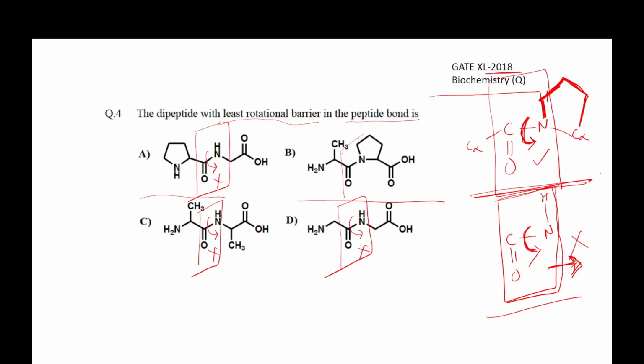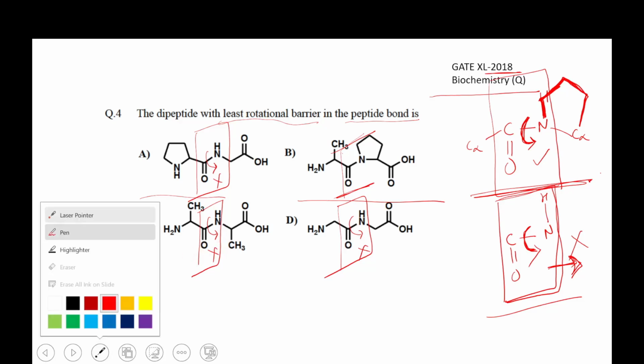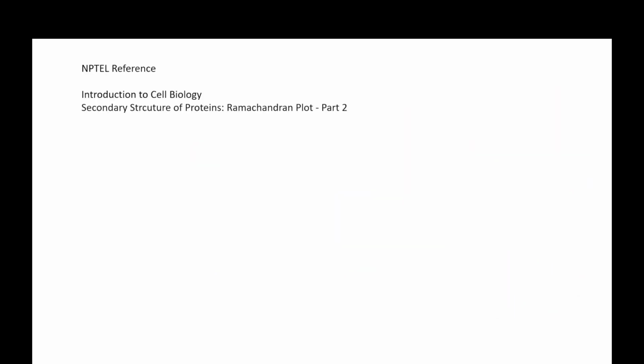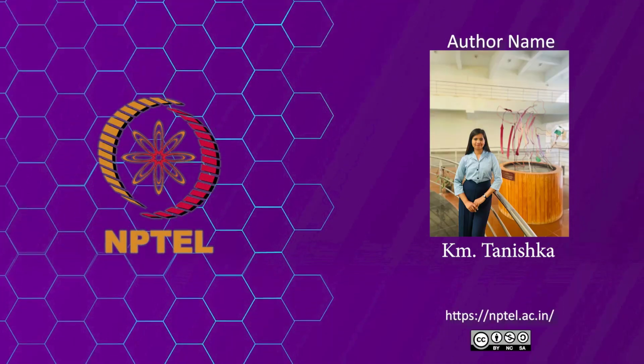However, when proline is present, the rotation will be allowed around this particular bond. So out of the 4 options, this particular option would be correct, where the planar form of the peptide bond is not visible. This is my NPTEL reference. Thank you.